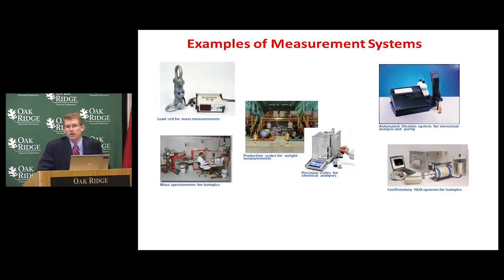The challenge here is for the IAEA to make sure those samples that they collect in the field are representative of the content of the items being sampled, and that they maintain a chain of custody of that sample from the time they collect it till it gets back to their analytical facilities.